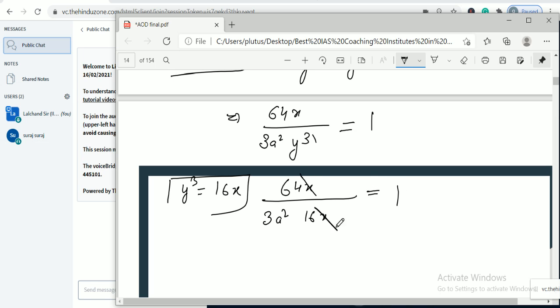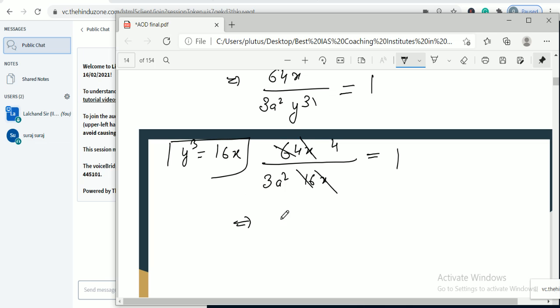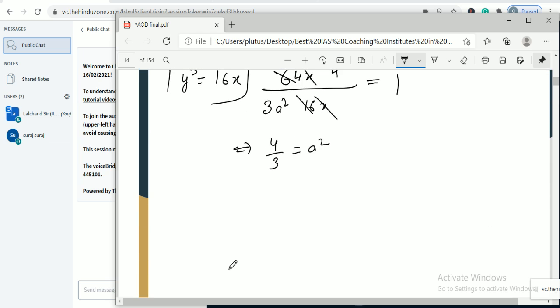This gets cancelled. This is 4. So we have 4 by 3 equal to a square. The value of a will be plus minus 2 by root 3, isn't it? This is the value from the condition for orthogonality.